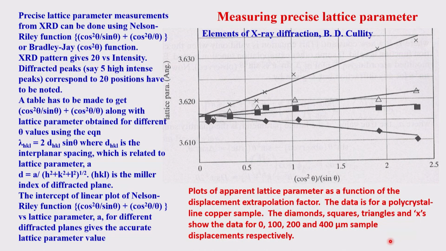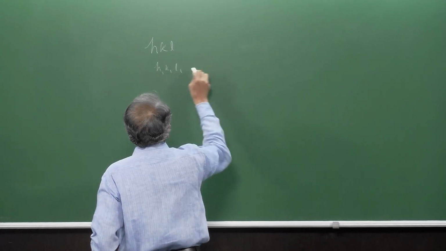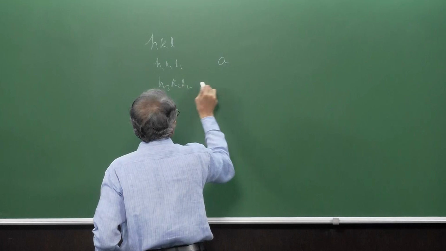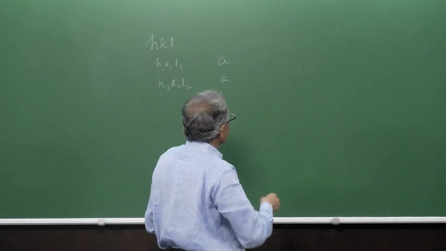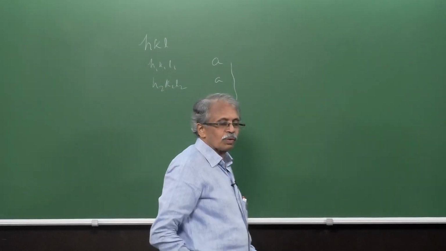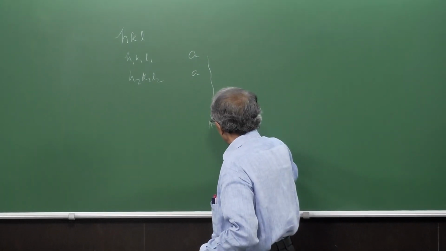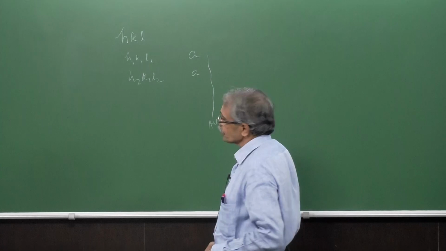That is why some errors come up in the measurements based on one HKL compared to another HKL. So for H1, K1, L1 you will get an A value, for H2, K2, L2 you will get an A value, but you will get some variation in this. So what I showed earlier was to take a kind of average. That will give a better value, but not the precise value.